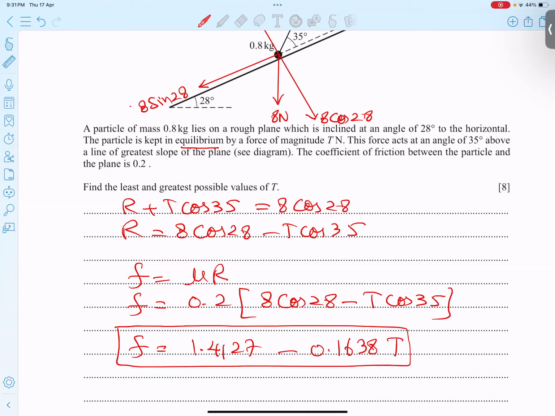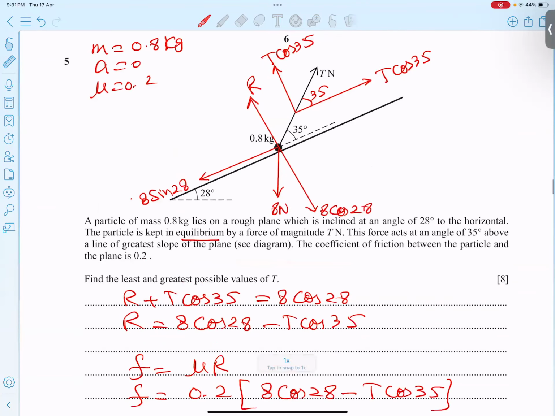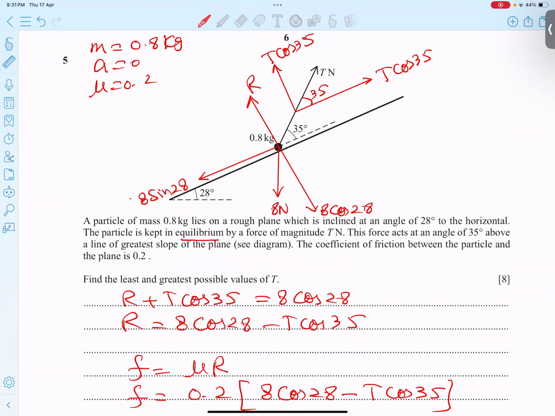Okay, now what will I do, students? I will now decide about the friction force. So let's start. But first of all, this force is very clear, T. Or if I don't make it, no problem. The inclined plane is very clear.